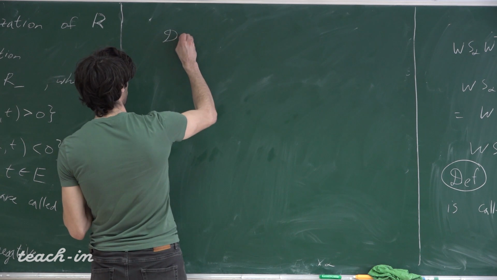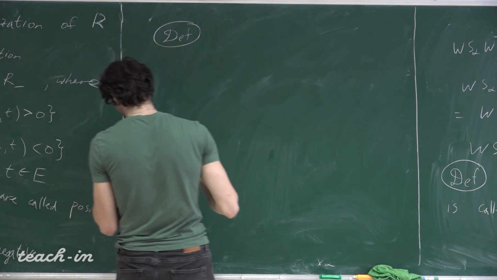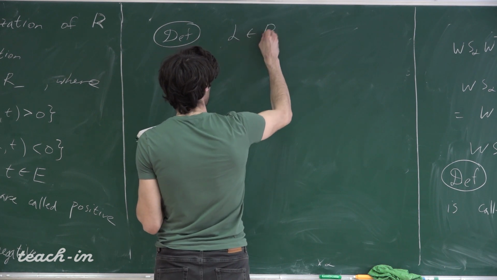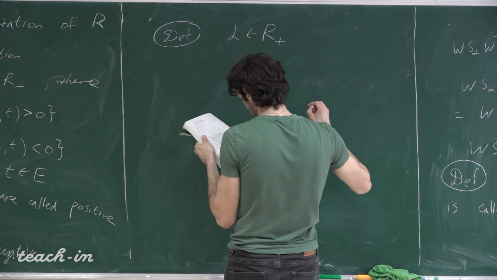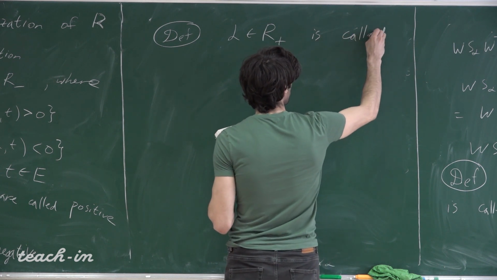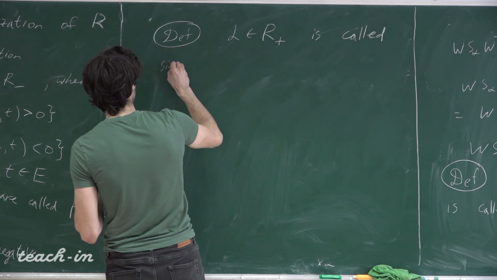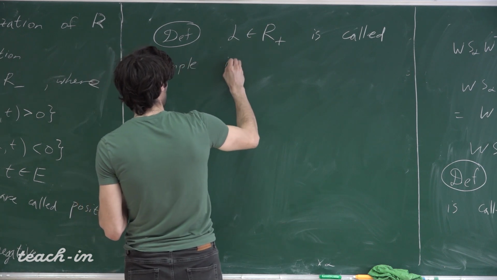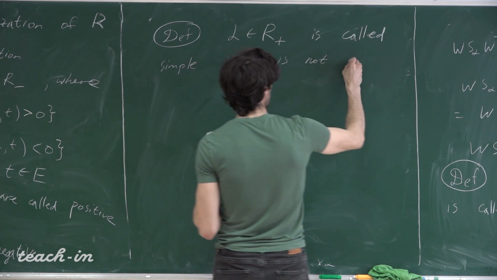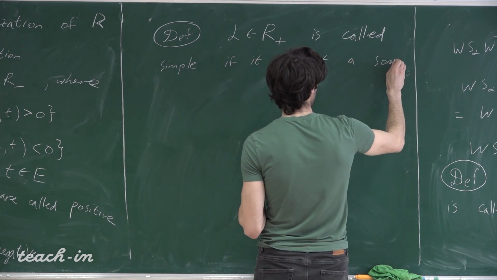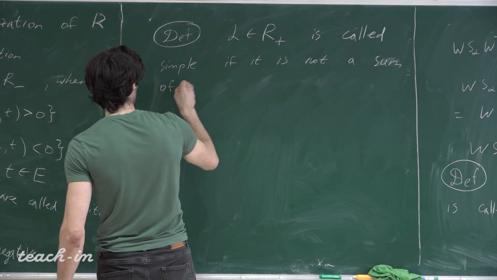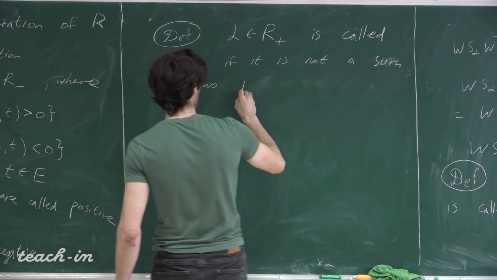Definition. A positive root is called simple if it is not a sum of two positive roots.